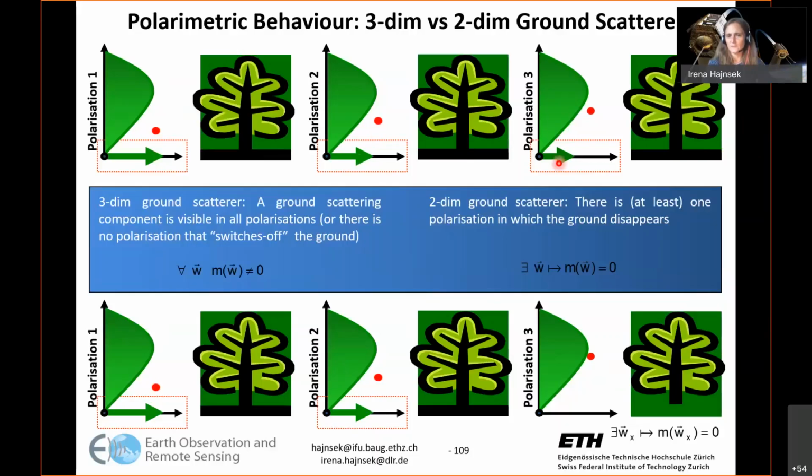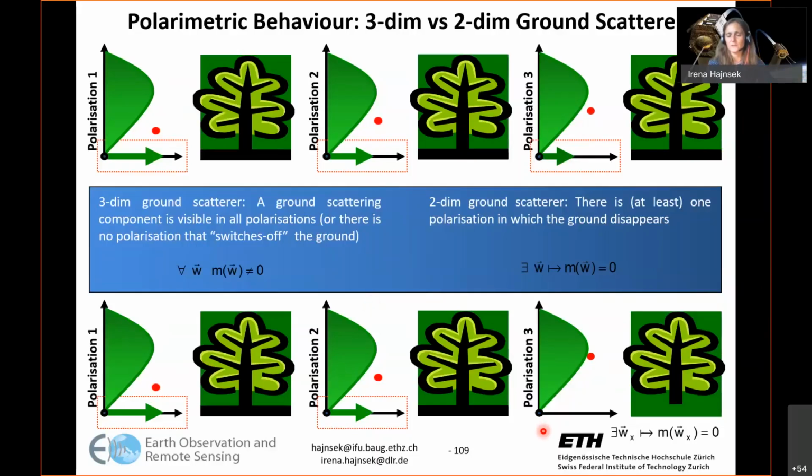You could have one polarization chosen where you still have ground contribution, but a quite high phase center location. But you can also look for a polarization where you do not have any ground contribution.